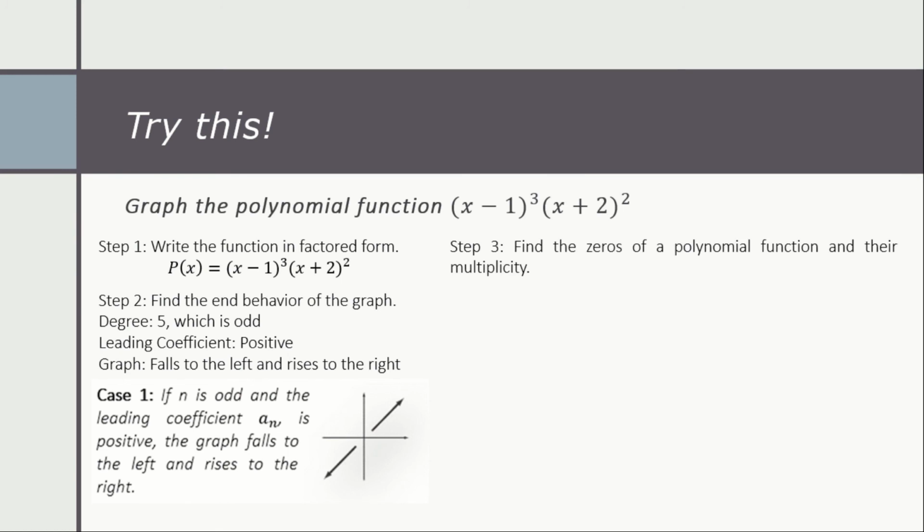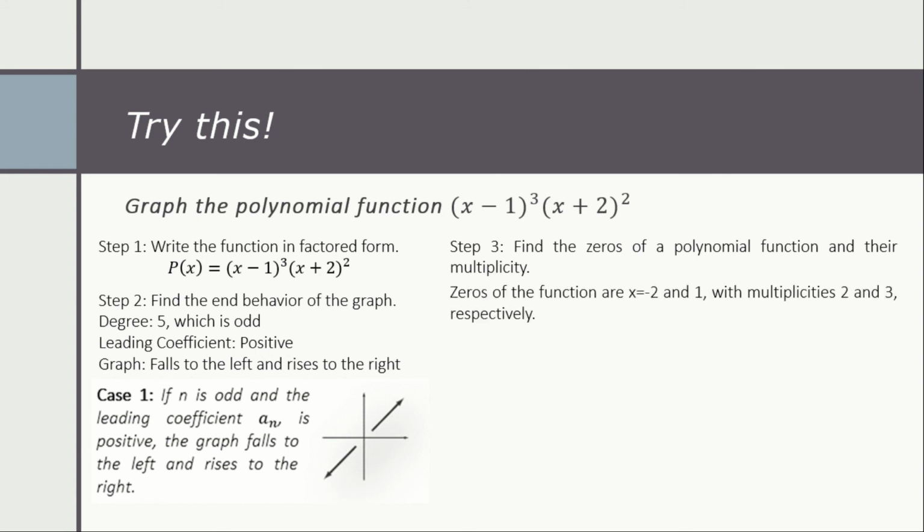So for step number 3, within 30 seconds, find the zeros of the polynomial function and their multiplicity. Very good.